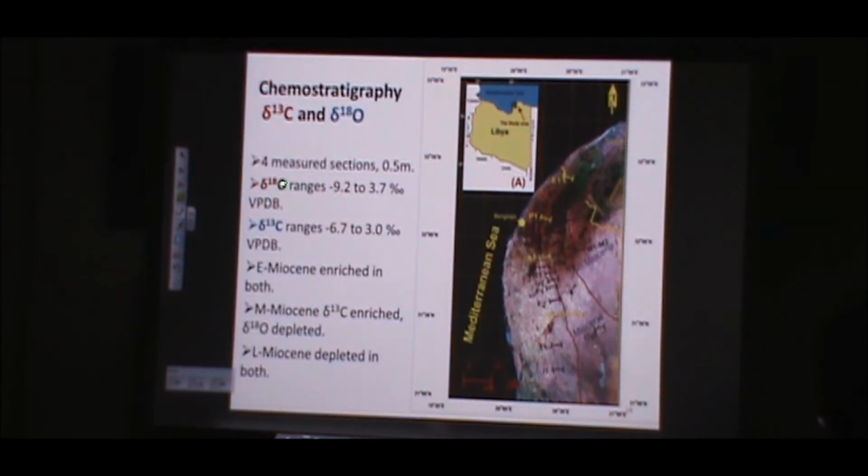We found the oxygen range was from minus 9.2 to 3.7. The carbon range was between minus 6.7 and 3 per mil VPDB. What we noted is that the early Miocene was richer in both oxygen and carbon. The middle Miocene is richer in carbon but depleted in oxygen. The late Miocene is depleted in both oxygen and carbon.